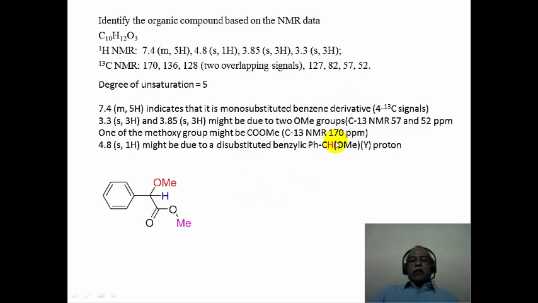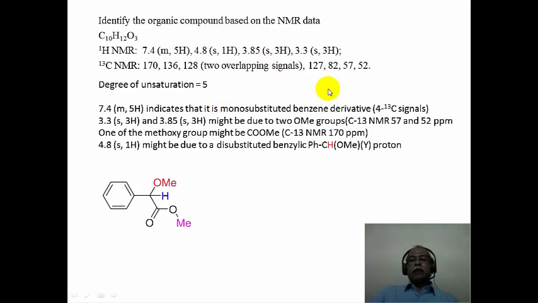Putting all these fragments together, you have 2 methoxy groups, 1 phenyl substituent, and this CH which comes as a singlet of 1 hydrogen around 4.8 ppm, because it is triply substituted. The benzylic position has the highest delta value in this spectrum. And the unsaturation is also satisfied, 4 for the ring and 1 for the carbonyl.